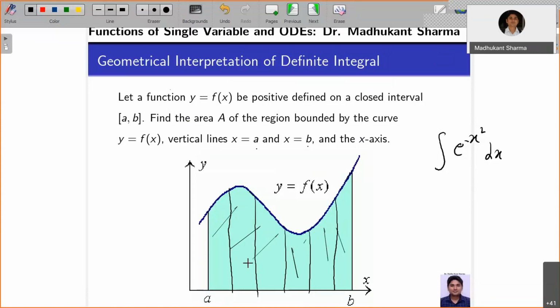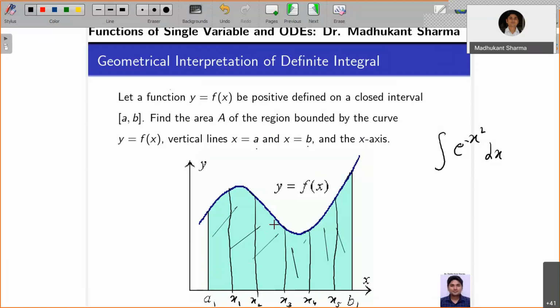You can name them: this is a, this is a1 and this is b1, and these are the points x1, x2, x3, let's say x4, x5. Now you want to approximate the area using rectangles. There are many ways to approximate this. Here I have considered only 5 points between, and you may increase this number of points as well.